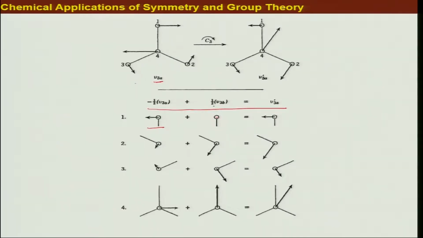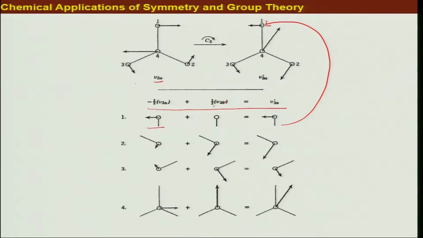You will see that this length has been reduced to half of its original length, and here the length has been reduced to half of its original length, as well as the direction has been reversed because of the minus sign. And now if you add these two, you get this one, which, if you compare here, you see this one. So you could express this new structure as a combination of this nu 3a and nu 3b.